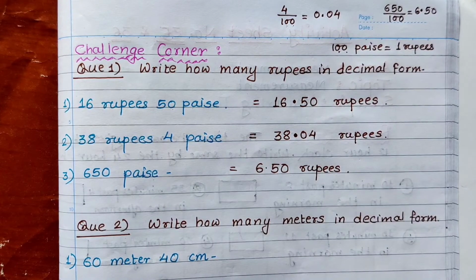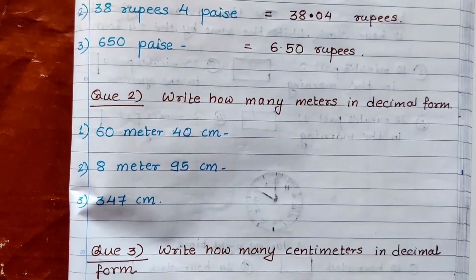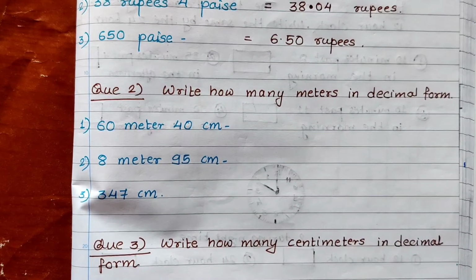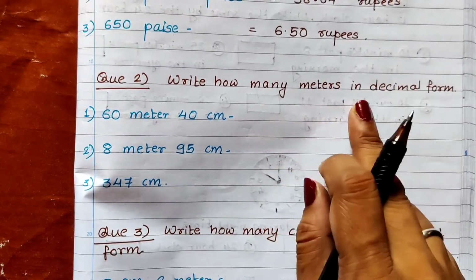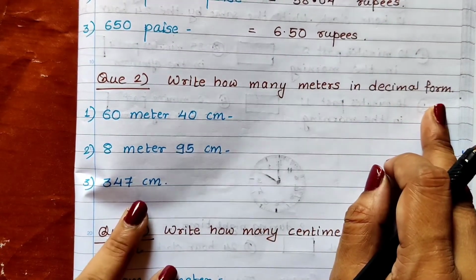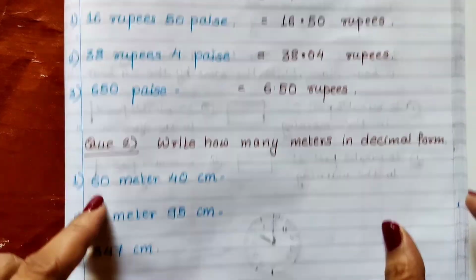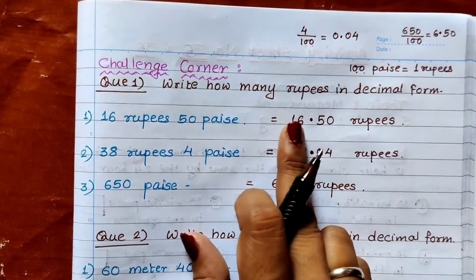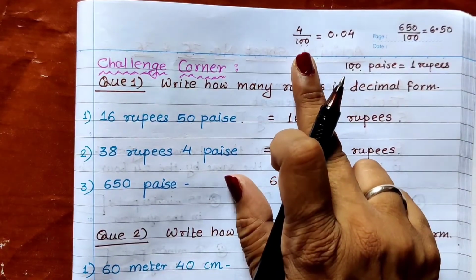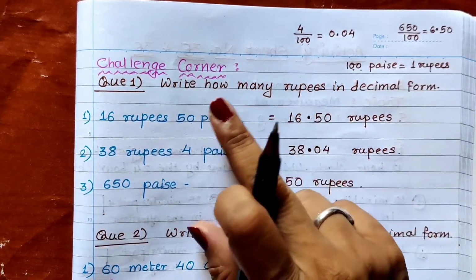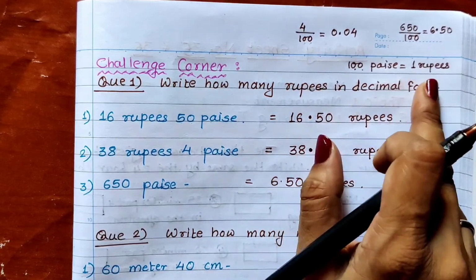Okay, now next question is write how many meters in decimal form. Again we have to use the decimal form. Again we will be using the same method which we have used in the first question, where we have divided by 100, because 100 paise is equal to 1 rupee.